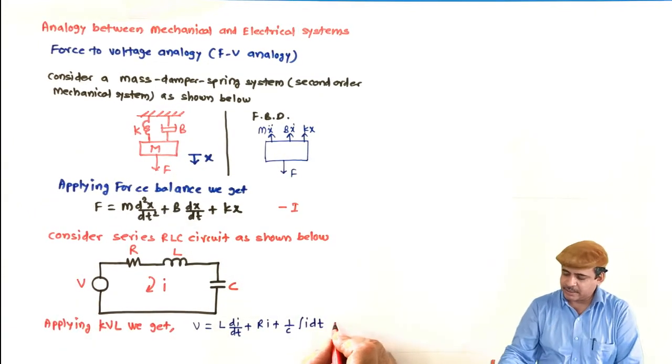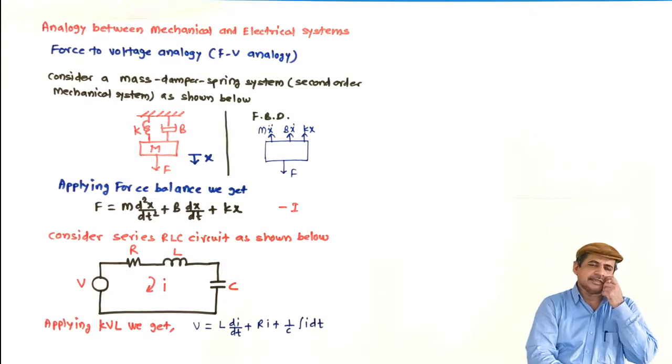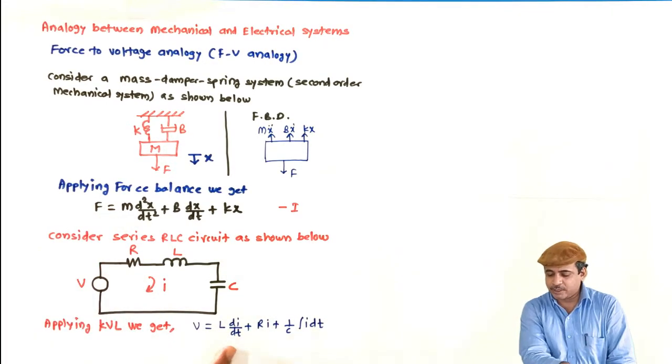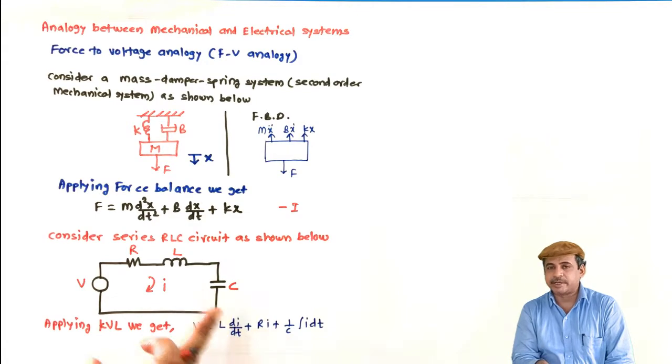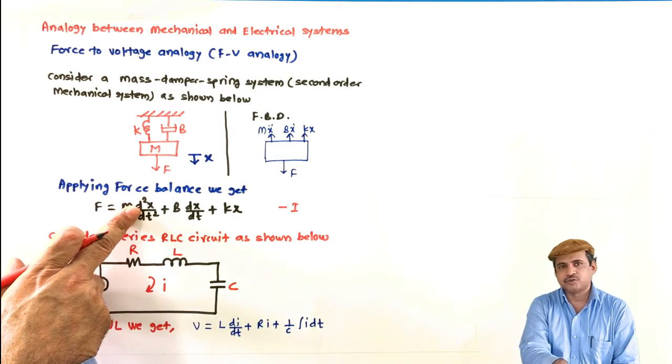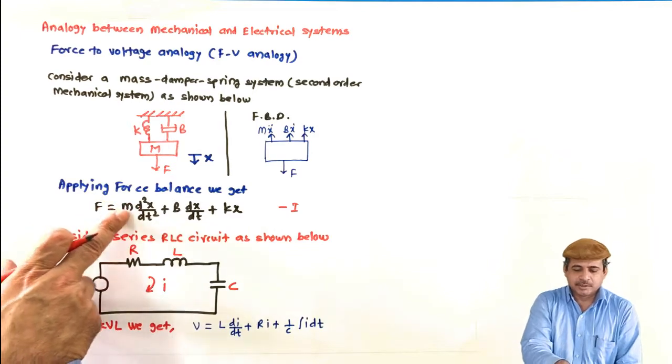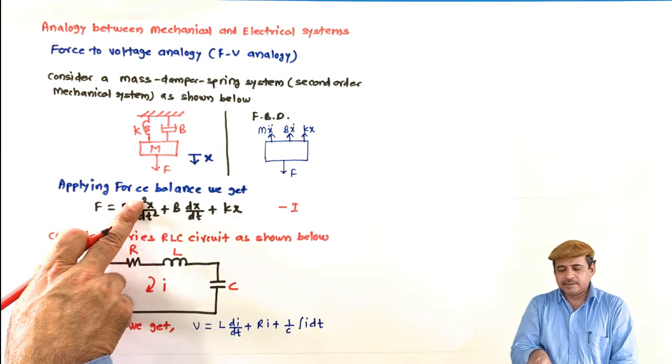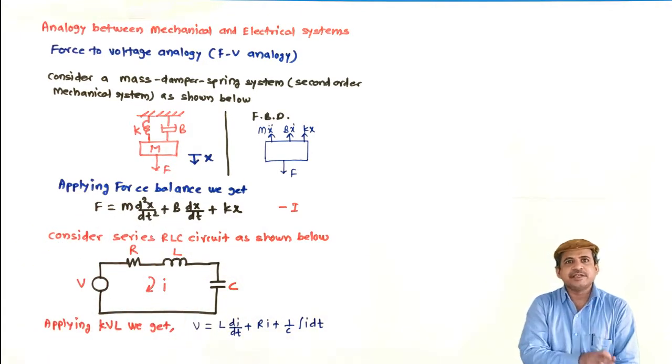Let us not mark this as equation 2, but now try to compare. Here the highest power of derivative is 1, whereas there it is 2. So to make them comparable, the order of the differential must be the same.